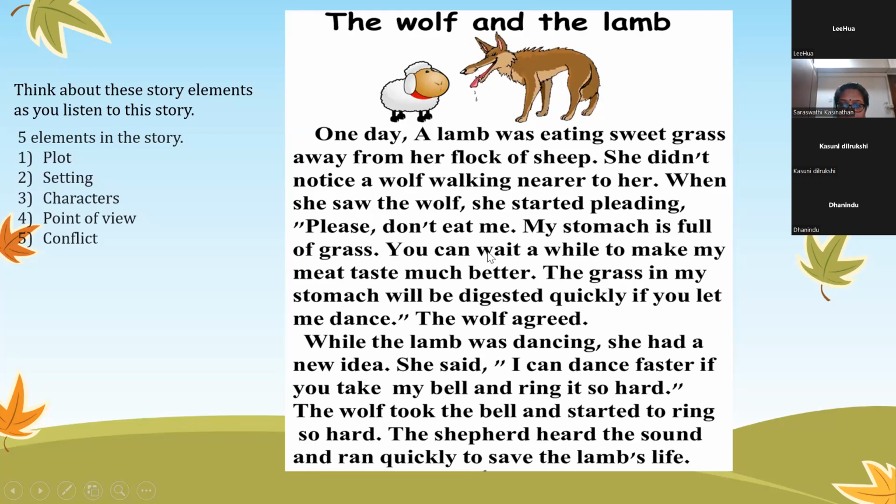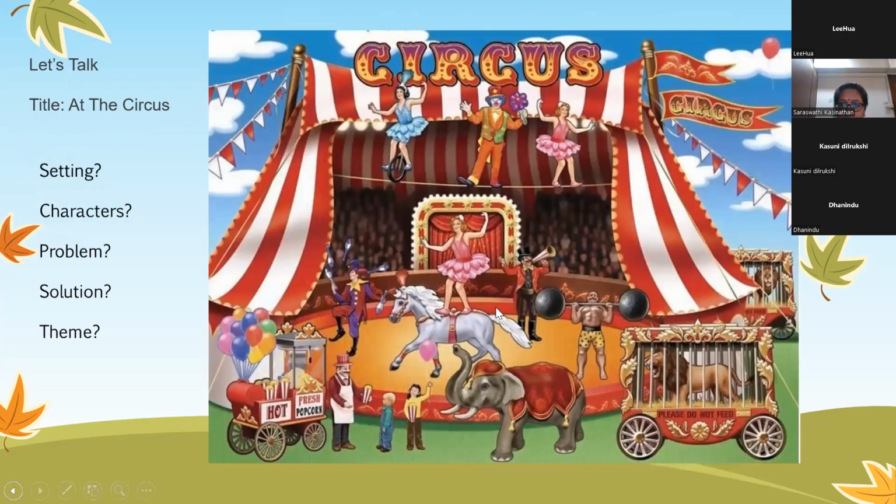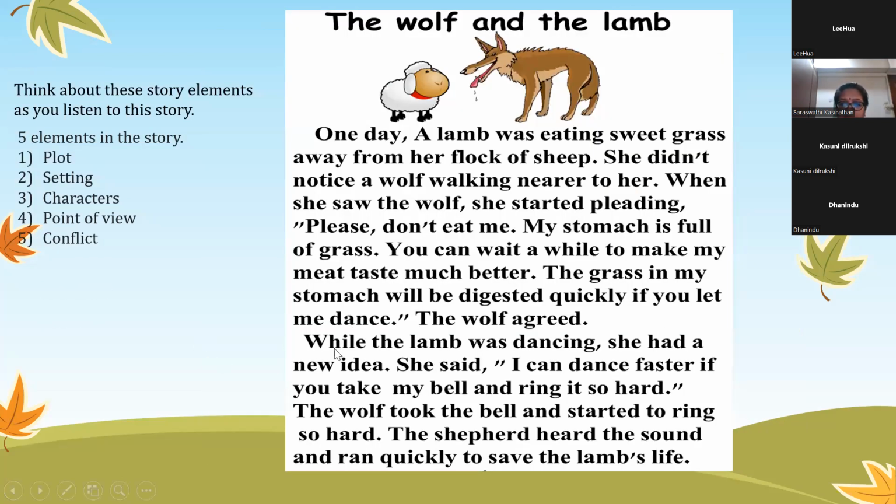You can wait a while to make my meat taste much better. The grass in my stomach will be digested quickly if you let me dance. The wolf agreed while the lamb was dancing. She had a new idea.